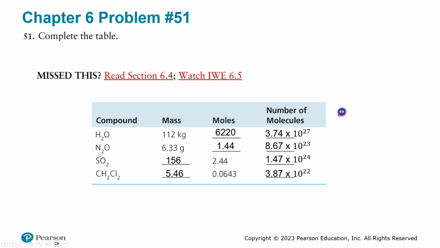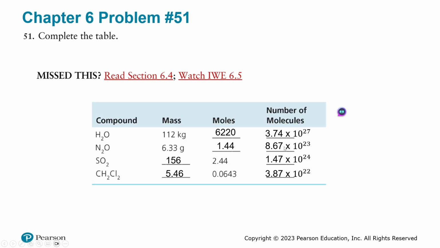Dinitrogen oxide. We're going to have 2 nitrogens with a mass of 14, oxygen with a mass of 16. We can figure out, based on the amount of mass that we have, how many moles we have by dividing by the molar mass that we just determined. And then we can convert moles into molecules by multiplying by Avogadro's ratio.